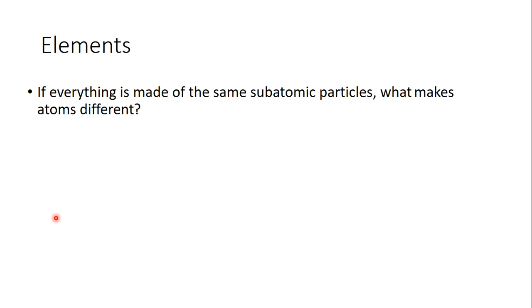Now, we know everything is made up of the same subatomic particles, but what makes atoms different? Why is gold a metal while helium is a gas at room temperature? The only difference is the number of subatomic particles that these atoms have.